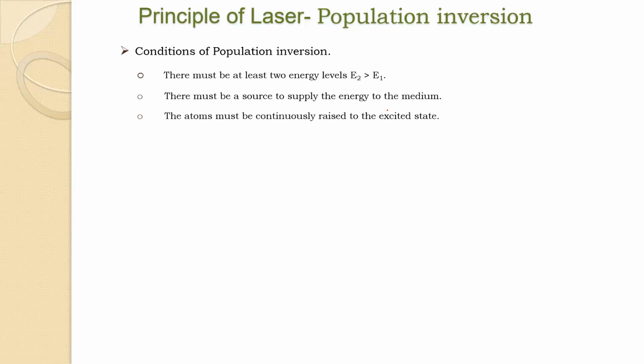So there must be at least two energy levels, and E2 must be greater than E1, and there must be a pumping source to supply energy to the medium. And the third condition is the atoms must be continuously raised to the excited state. These are the conditions to be achieved for population inversion.